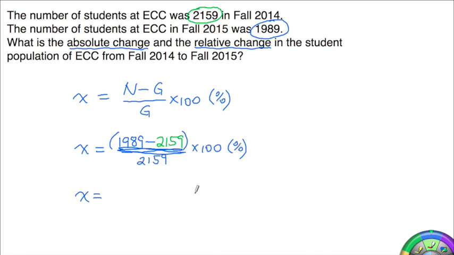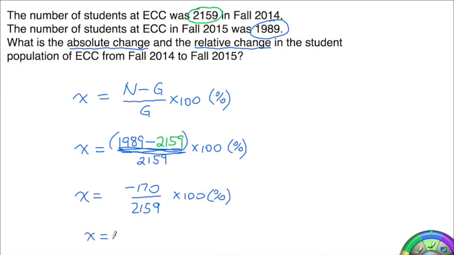So 1989 minus 2159 is negative 170, over 2159 times 100, which changes to a percent. Now there's a reason I'm putting this step in here. We'll talk about that in a second.